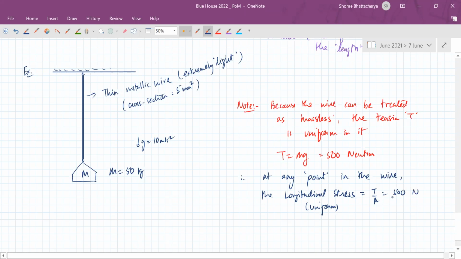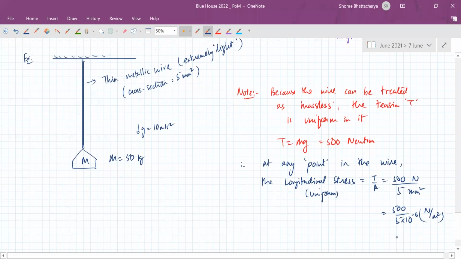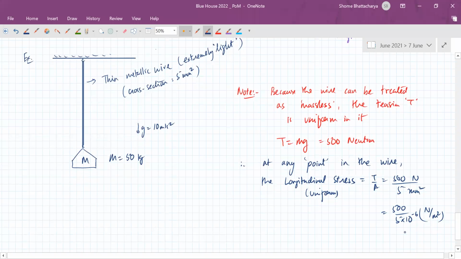So it is 500 newtons divided by 5 millimeters square. So I can write it as 500 by 5 into 10 raised power minus 6 in Newton per meter square. So as you can see, it is 10 raised power 8 Newton per meter square.